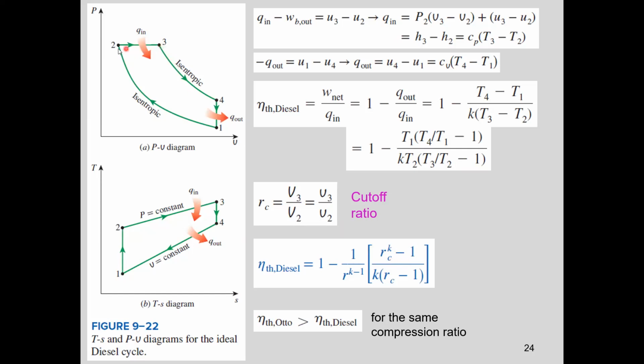When V3 is equal to V2, which is the case? When is this the case? It is the case in the Otto cycle, right? So when RC is equal to 1, this equation reduces to the equation for the Otto cycle. That means in that case, efficiency becomes much higher. So the higher the RC, the lower the thermal efficiency of the diesel cycle. And the effect of K is to increase the efficiency of the diesel cycle.